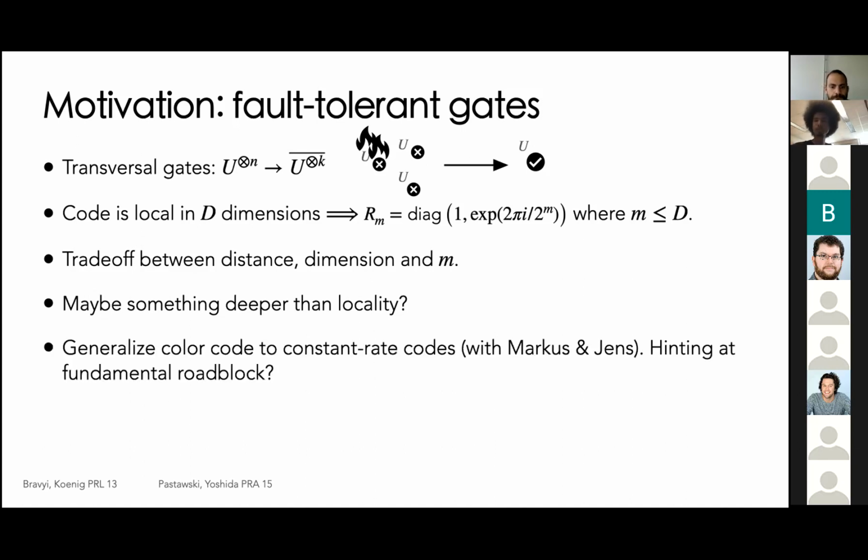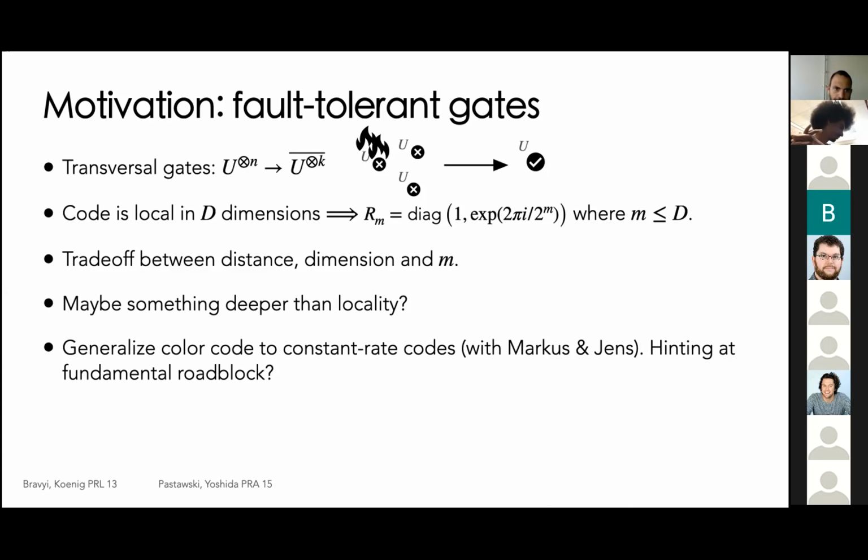And on a personal note, let me just say to this audience that together with Jens and Marcus, we've been trying to see whether it's possible, just like how we go from the toric code to the hypergraph product code, to go from the hypergraph product code to a color code equivalent, which is able to support transversal gates, either Clifford gates or T gates. And this has been a very, very difficult problem.